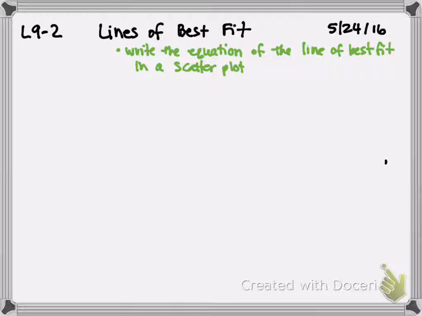And then the second thing we're going to work on is making a conjecture or prediction of a future value. So a value that's not given to us in our chart, something that would happen down the line.